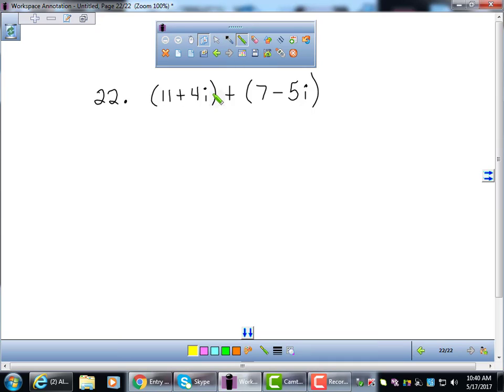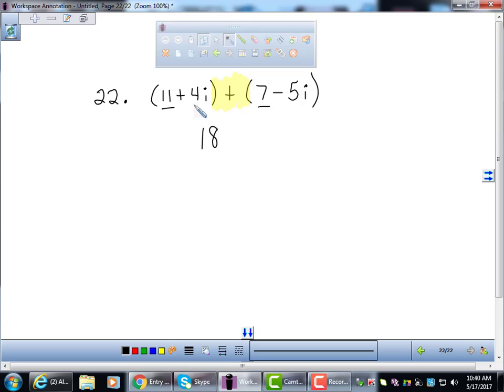No. When there's a plus sign between the parentheses, you are just combining your like terms. You have an 11, you have a 7 together, that's 18. You have a 4i, you take away a 5i, that gives you a negative 1i, or just minus i. Done.